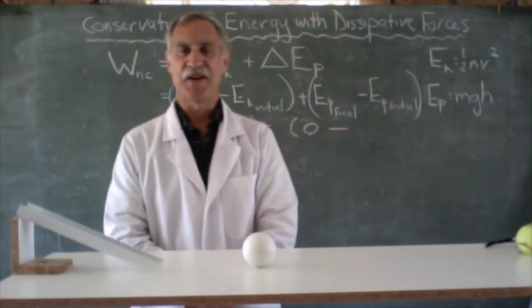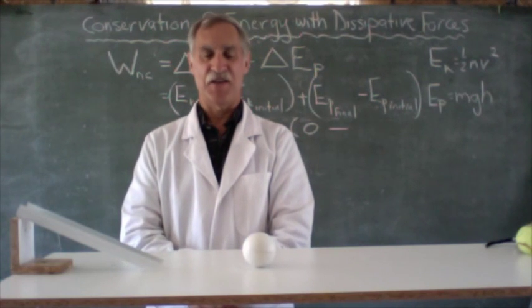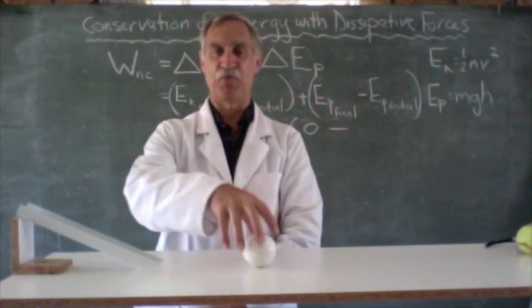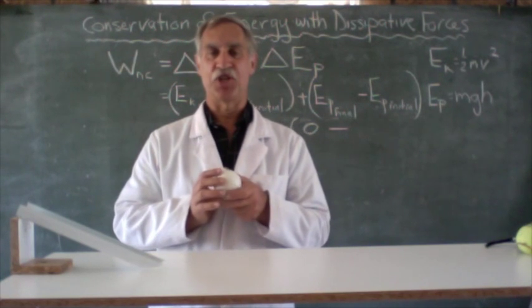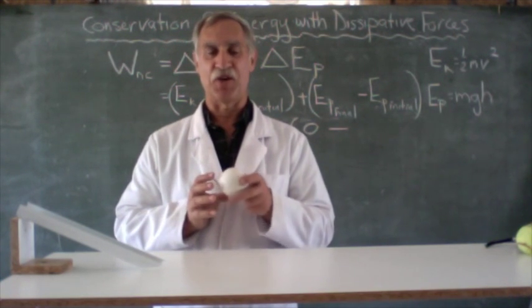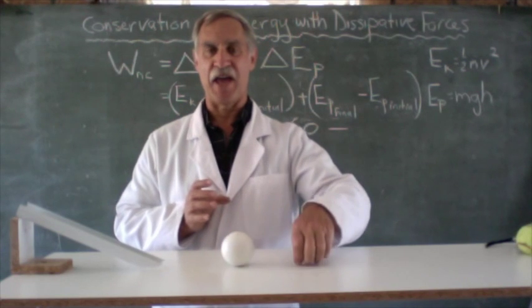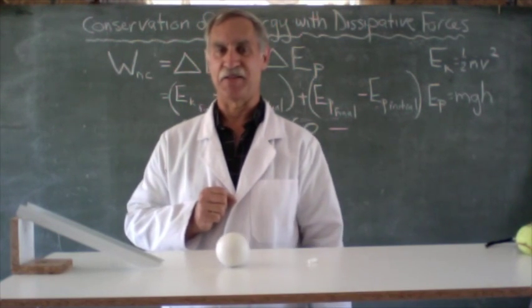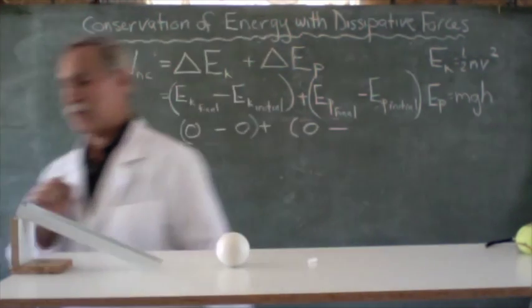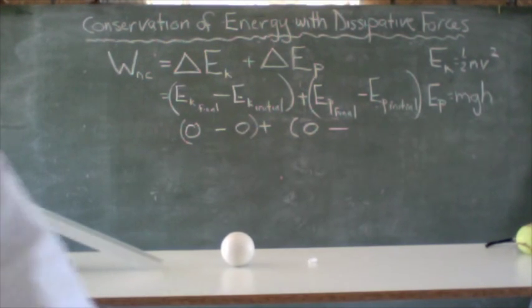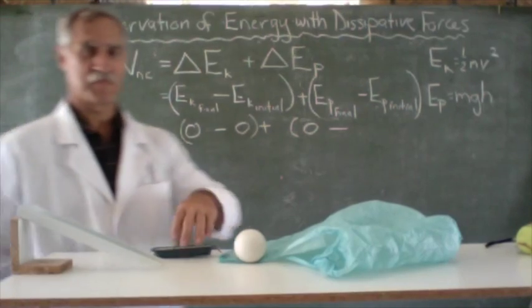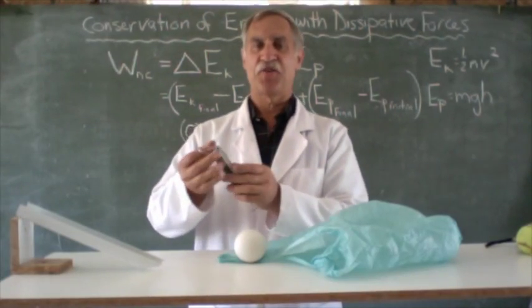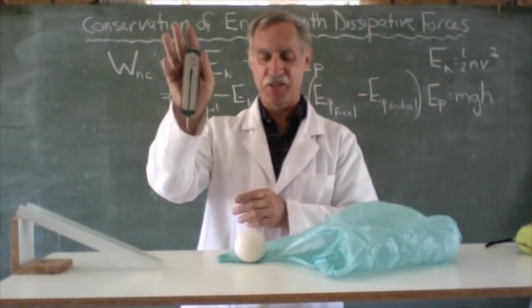mgh. So let's find the mass of this ball by weighing it, and we know what g is and we know what h is. So let's get a spring balance and let us weigh it. So here is our spring balance.